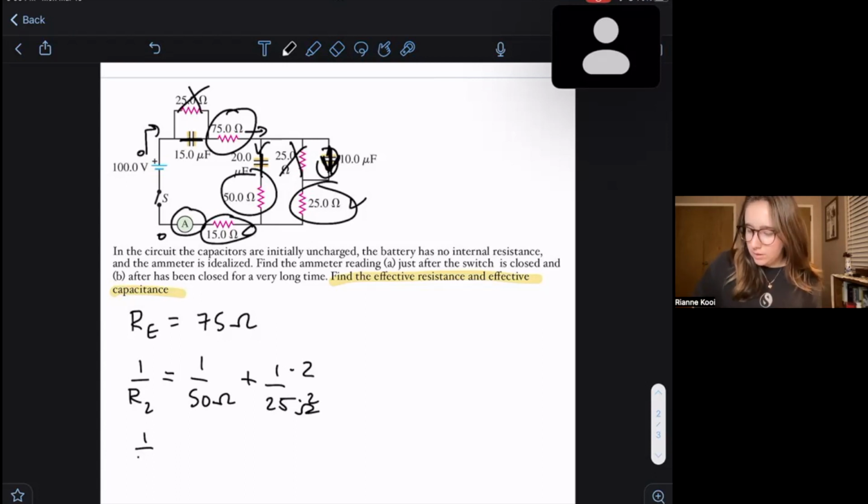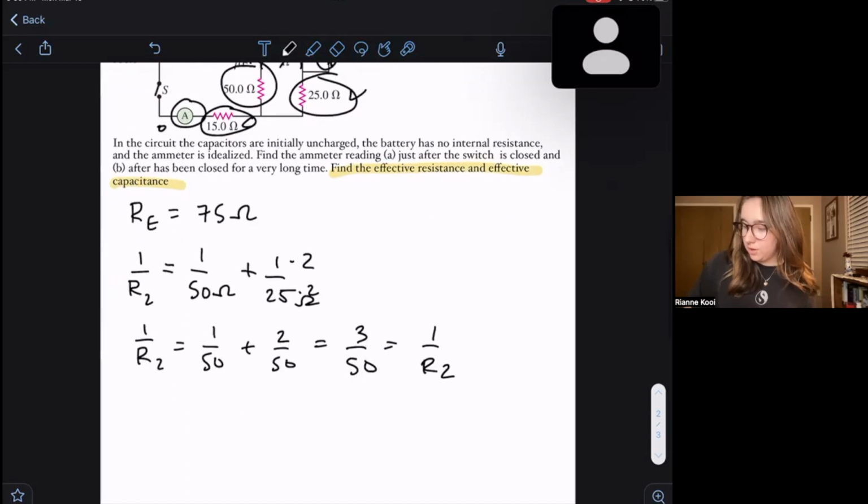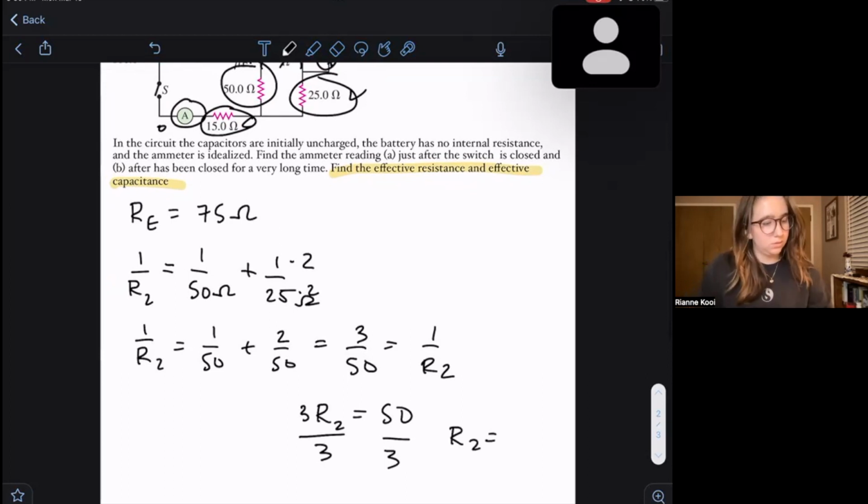So 1 over R2 is equal to 1/50th plus 2/50ths, which gives us 3 over 50 equals 1 over R2. So going to cross multiply. 3R2 is equal to 50, so divide by 3, and R2 is equal to, we're going to leave it like that, 50 over 3.